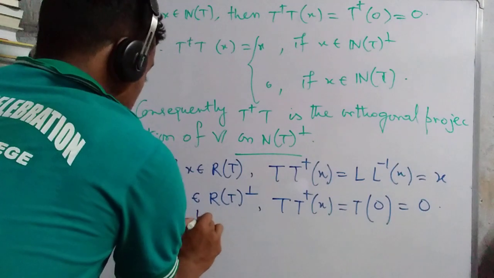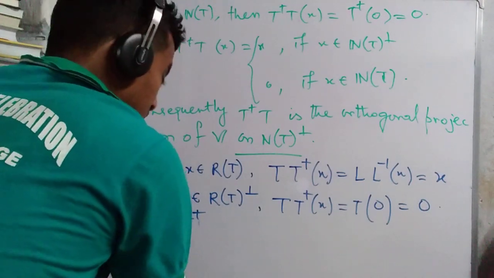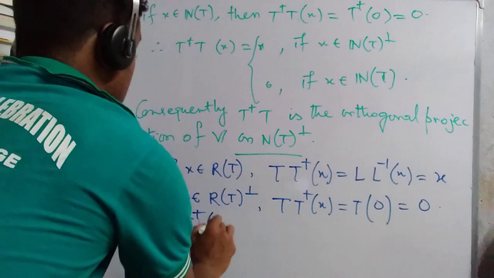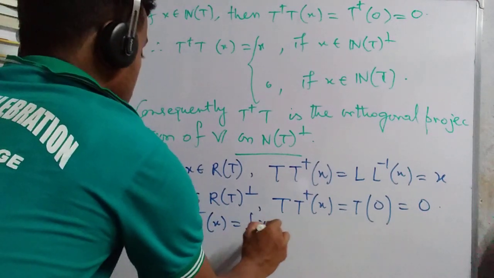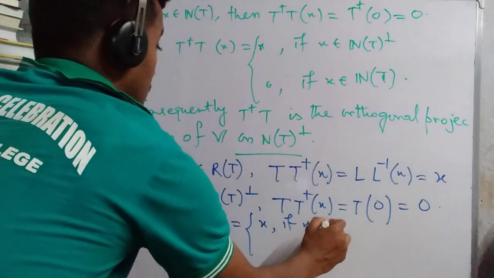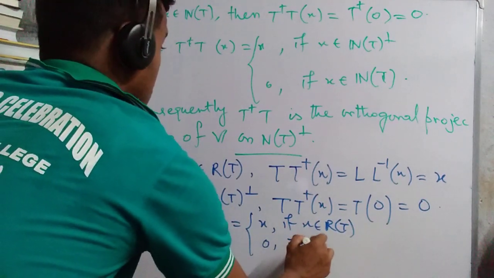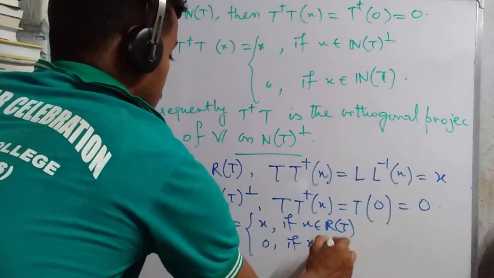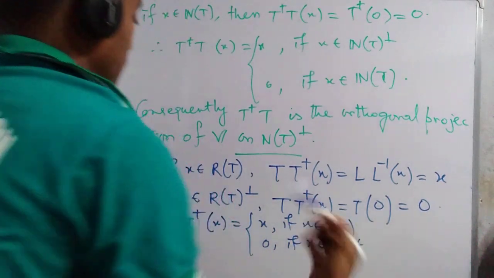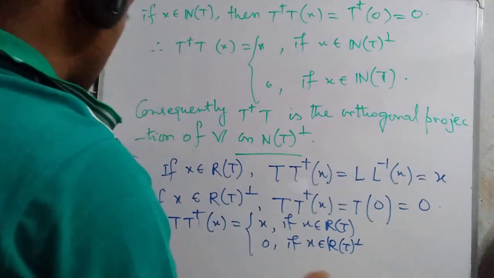T†x equals x if x belongs to R(T), and 0 if x belongs to R(T) perp. Okay, so what do we write now?